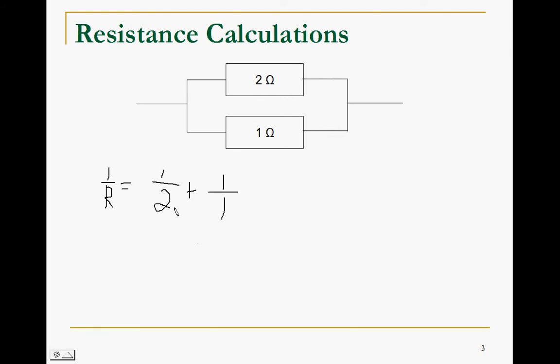This 2 ohm means the 2, this 1 ohm means the 1 at the bottom. To get the answer for this will be 1.5, which essentially means 3 over 2 as 1 over R. So to flip over the fractions, total resistance will be 2 over 3 ohm.